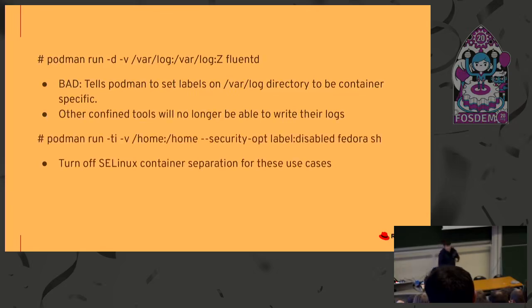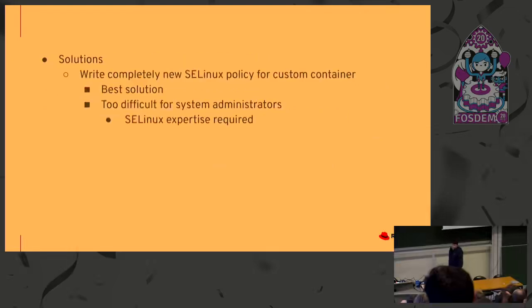The worst thing you can do is use this ugly parameter, which is here, and basically you disable SELinux separation for that container. So this is the worst you can do. So, solutions. You can write a completely new SELinux policy for your custom container. This is the best solution, but it's really too difficult for a system administrator because, let's be honest, you need quite good SELinux expertise.